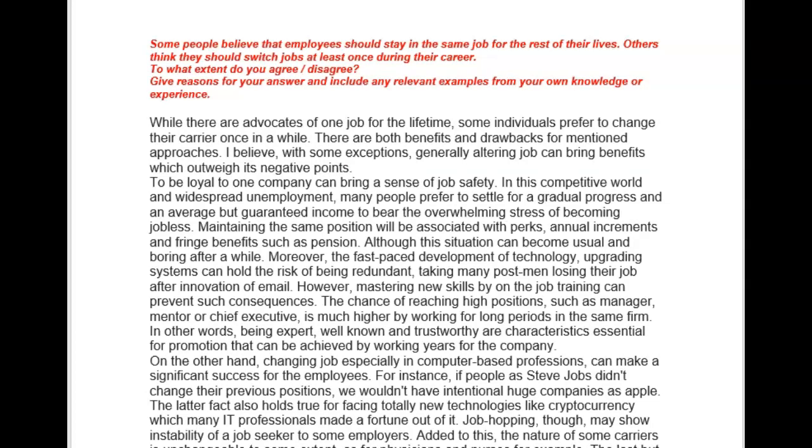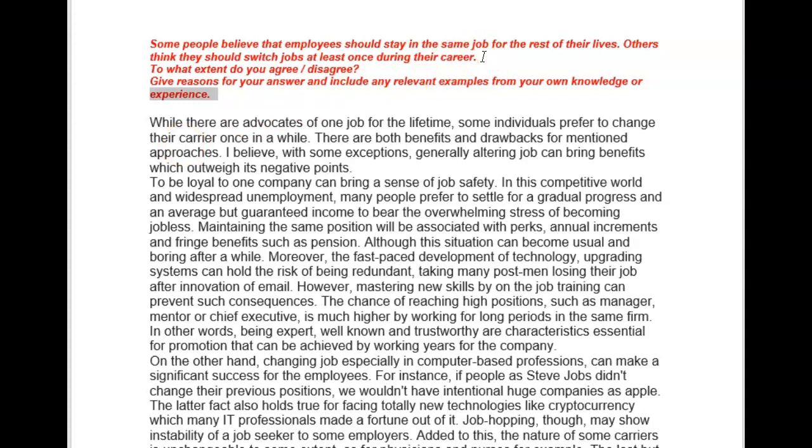All right, so I want to move into your task 2, which is about employees staying at the same job or leaving jobs. All right, so let's see what you said. "While there are advocates of one job for a lifetime, some individuals prefer to change their carrier." Careful, carrier is a totally different word. You want career, C-A-R-E-E-R.